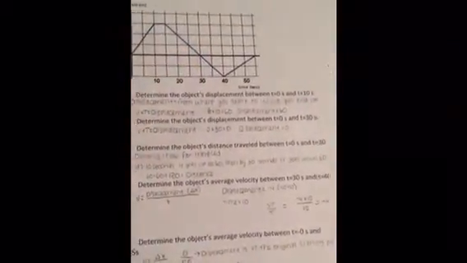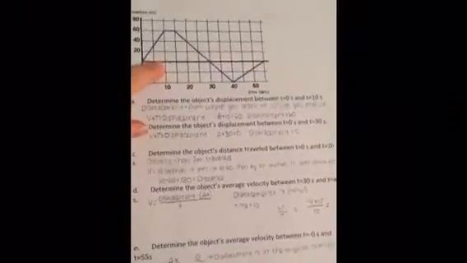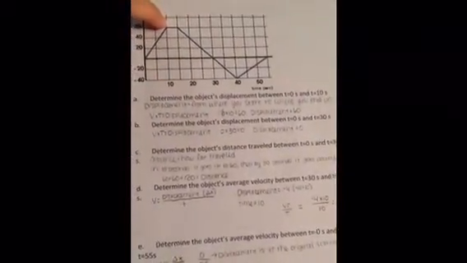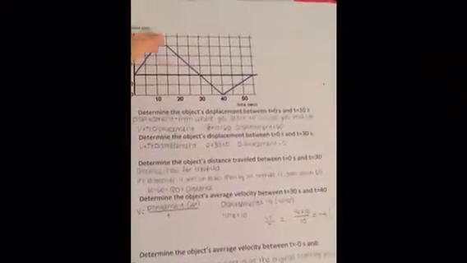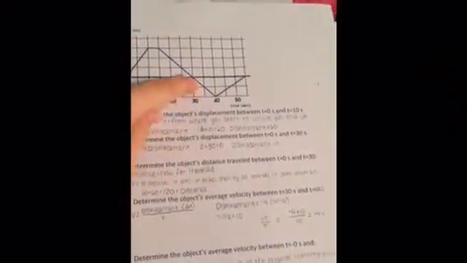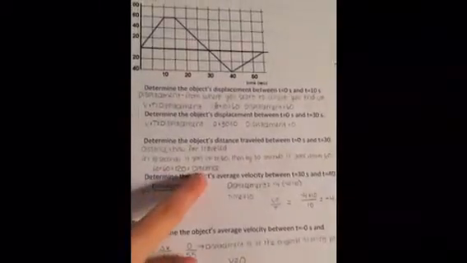In 10 seconds, it goes all the way up to 60, so that's a distance of 60. And then by 30 seconds, it doesn't move right here, but then it goes another 60. So you just add the 60 and 60 together to equal 120, so that's the distance.